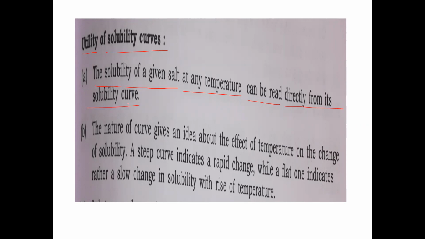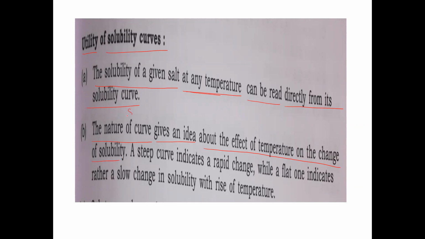By observing solubility curve graphs, we can directly say the solubility of the substance at any given temperature. That is the first use. And the nature of the curve gives an idea about the effect of temperature on change of solubility.